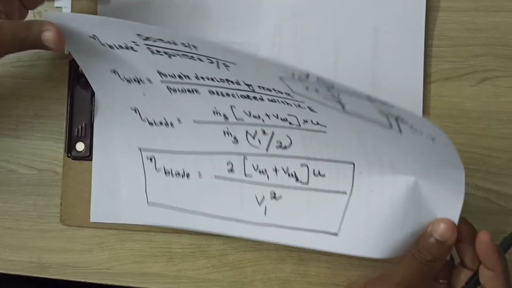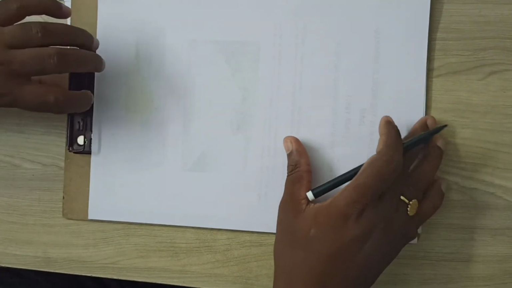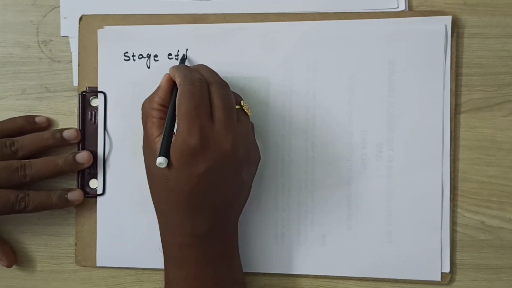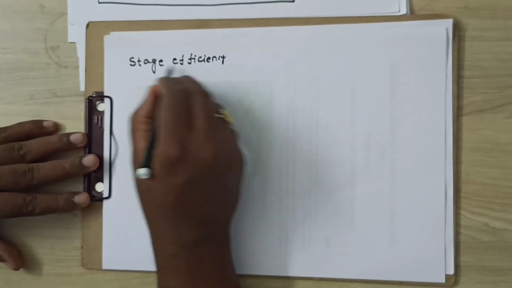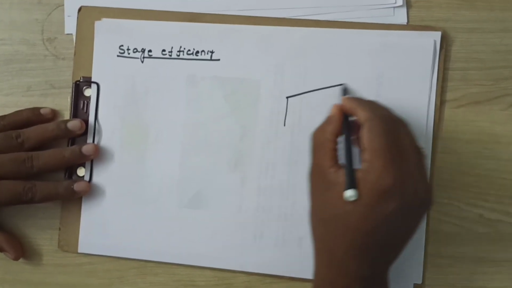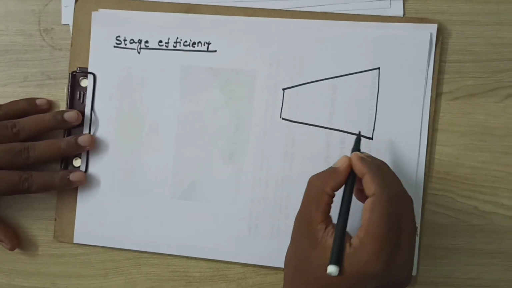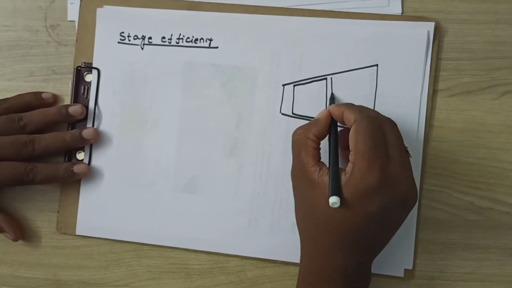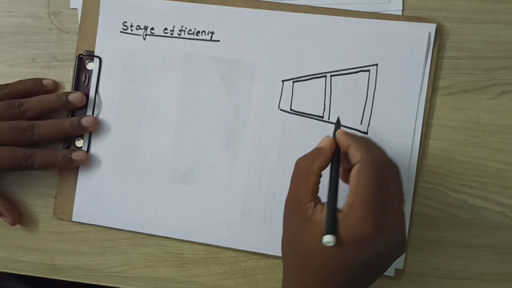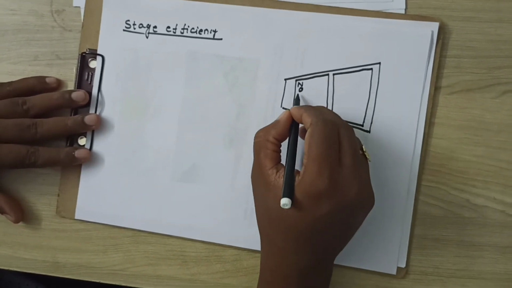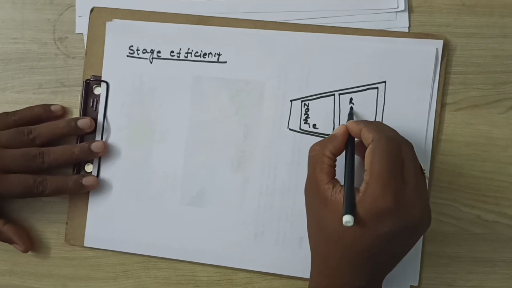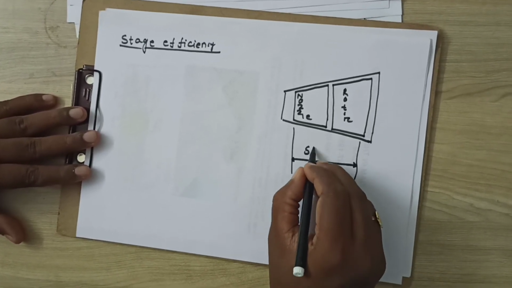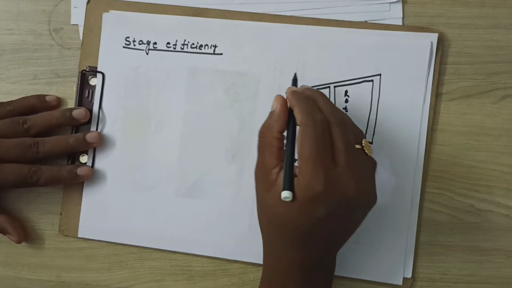Then if we go for the stage efficiency, you have to make this diagram for the stage: the nozzle portion, this is the rotor portion, and all together this is a stage. And what is the incoming?